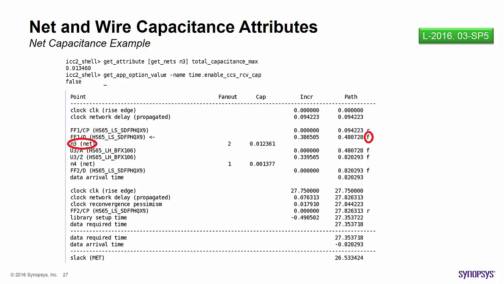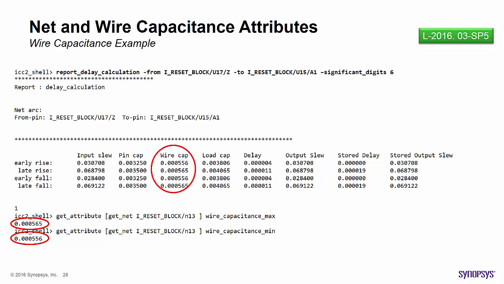With this example, capacitance are different between rising and falling edge, and the worst value is shown with the capacitance attribute. This slide shows wire capacitance min and max values, which are consistent with the report related calculation values.